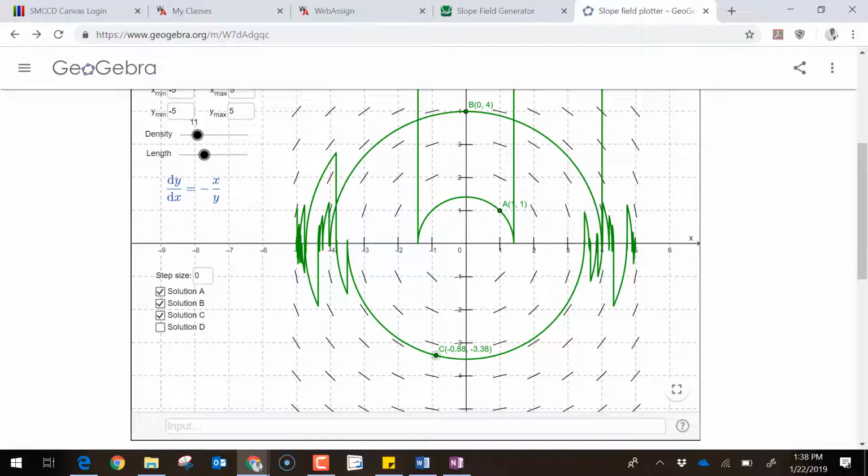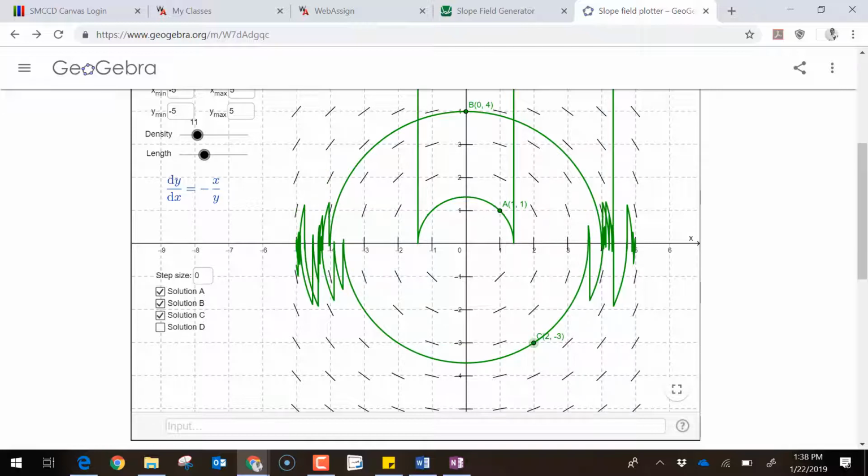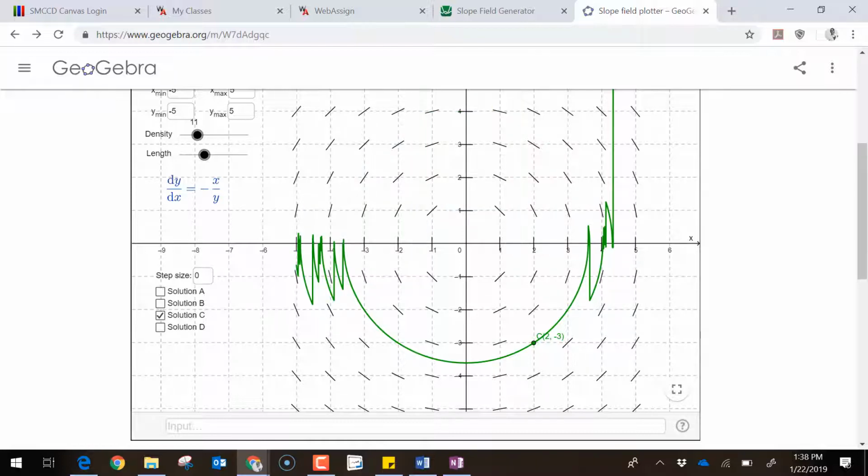So (2, -3) now is a semicircle in the bottom half of the xy plane, so that it becomes negative.